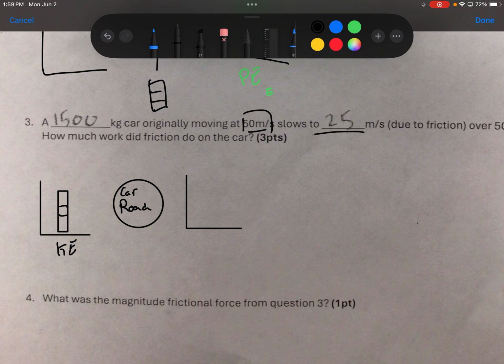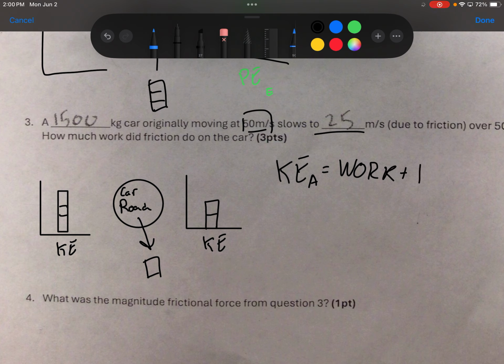We went from 50 to 25, so do I have more or less kinetic energy or the same? Less. Okay, now I lost some kinetic energy. The energy that I lose is work. So kinetic energy at point A is equal to work plus kinetic energy at point B.